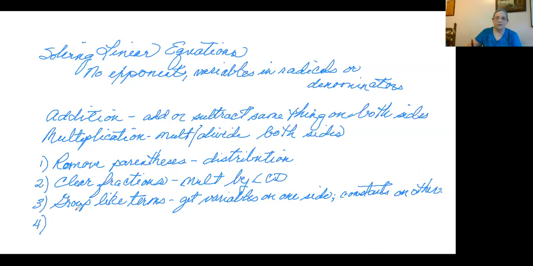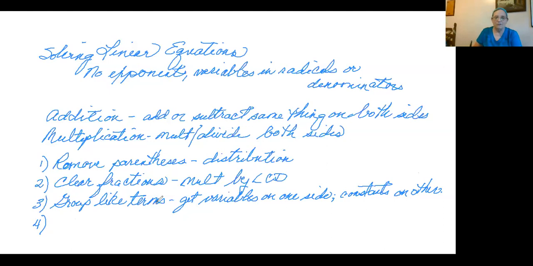Now, I haven't put in here anything about combining like terms, because at any point that you find you have like terms that are on the same side, that are not one in parentheses and one not or anything, you always want to keep combining your like terms so that you'll have as few terms as possible.